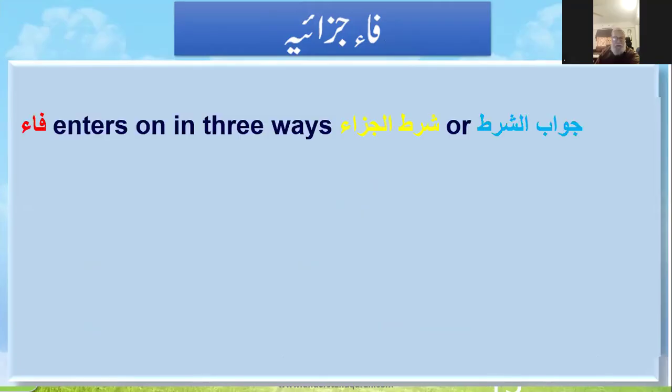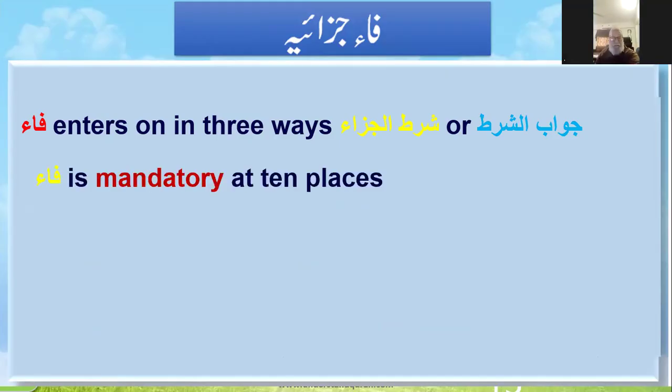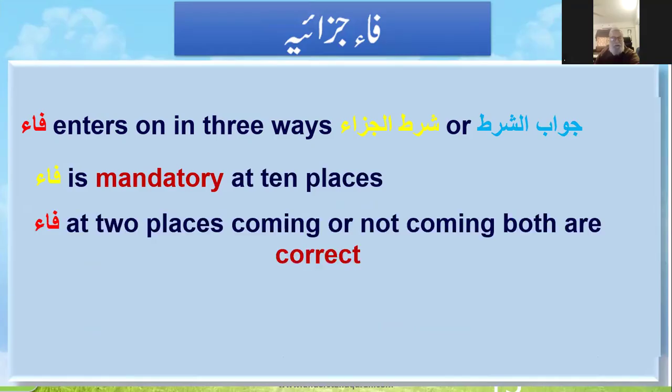Now fa jaza'iya. Fa enters on the jawab shart, the shartul jaza, in three ways. The jawab shart is identified by a fa that may come before it, which is called fa e jaza'iya. Fa is mandatory at 10 places.